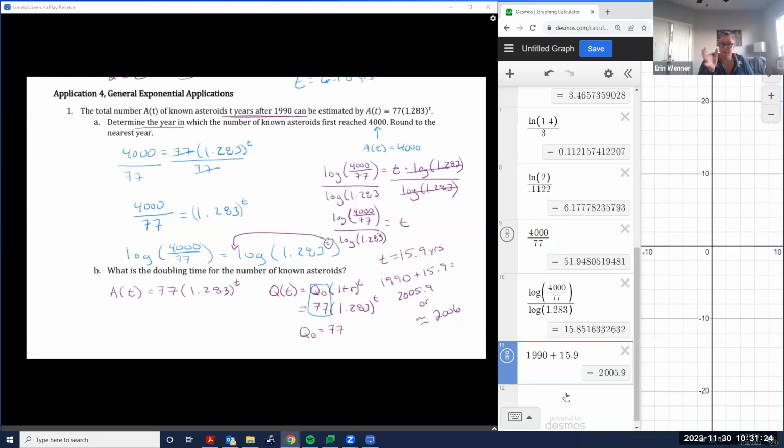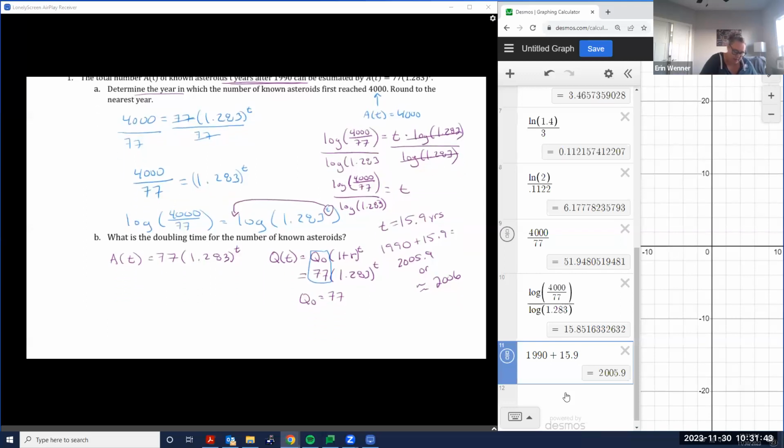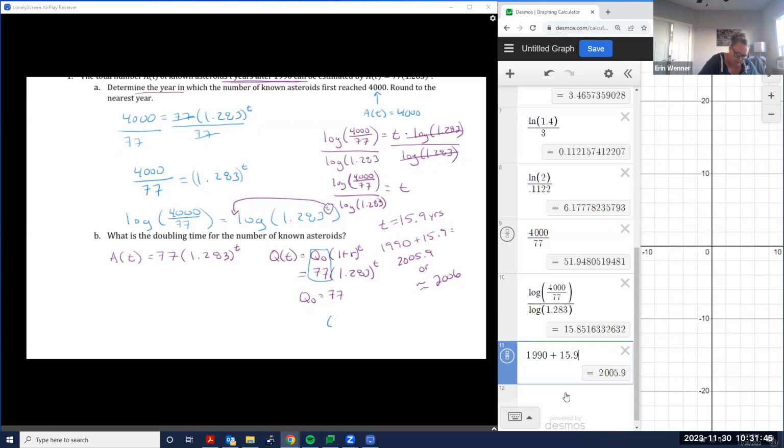Because if 1 plus r is equal to 1.283, r is equal to that 0.283. So again, going back to what we know about these types of models is going to be helpful. So if we're looking for that doubling time, we're saying, when will we have 2 times that initial quantity? So 2 times 77 is going to be 154. So that's what we're going to let our A of t equal. So we'll do 154 equals 77 times 1.283 to the t.